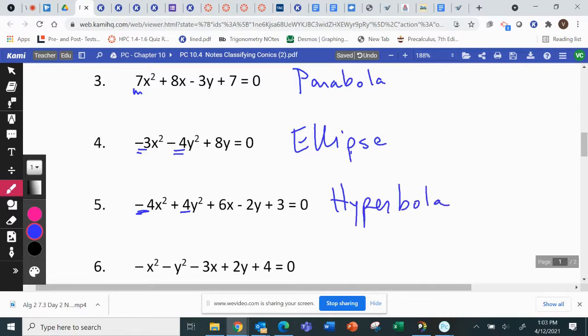If they were both negative or both positive, yes, but since we have different signs, it's going to go away from each other. Now the rectangle would be the same. It would be like a square.